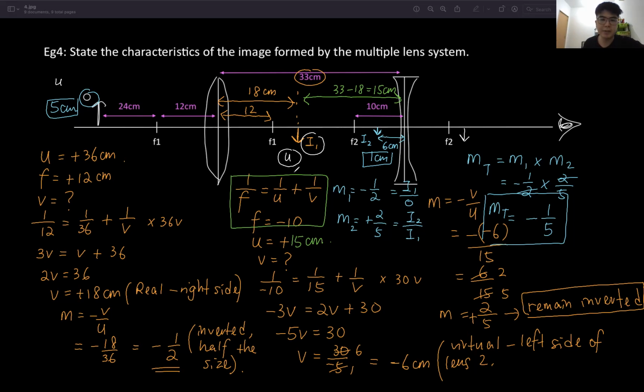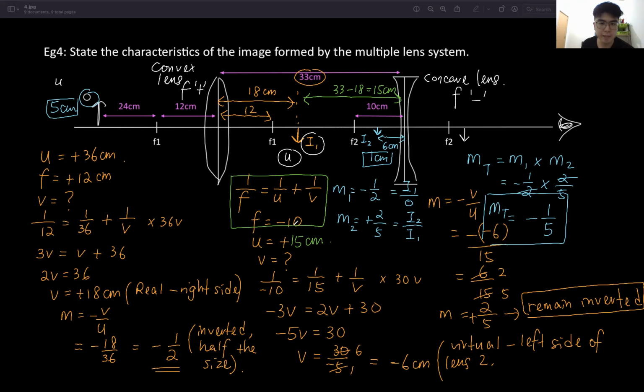Now, why is the F negative? F is negative because, what lens is this? This is a concave lens. Concave lens, the focal length is negative. Here we have a convex lens. The focal length is positive.